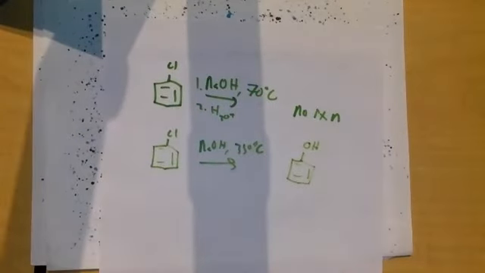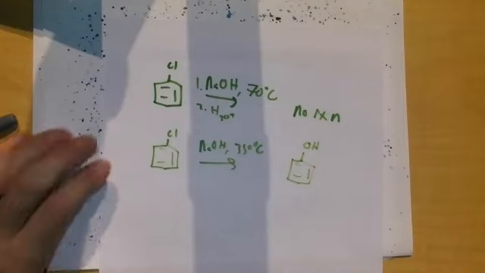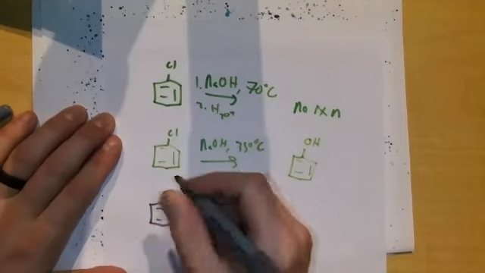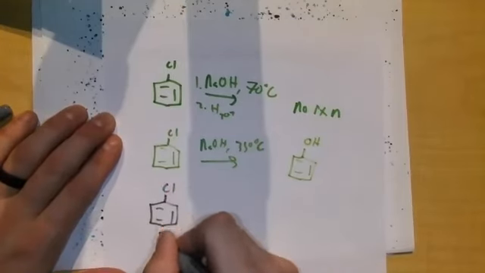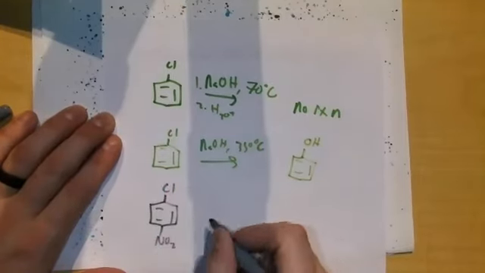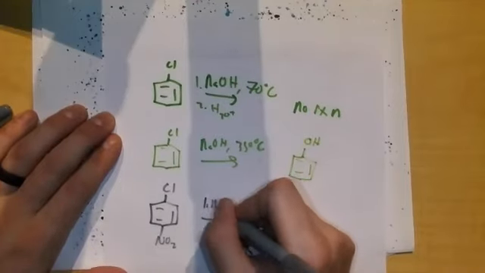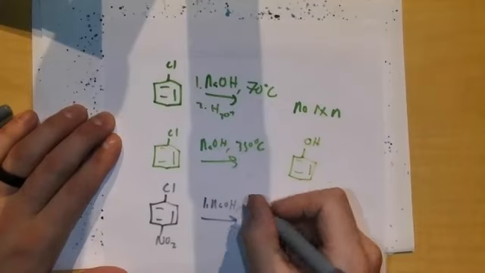But the easier way to do it is if you have a nitro group that is either ortho or para. So NaOH. Oh no, she's dying.